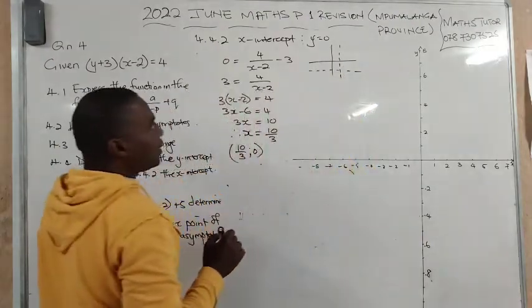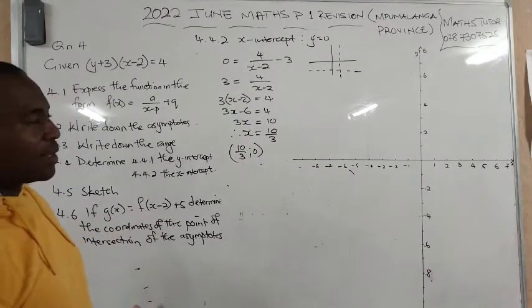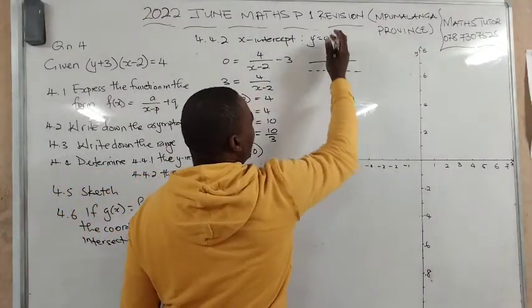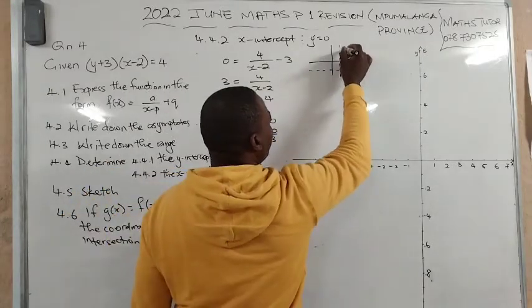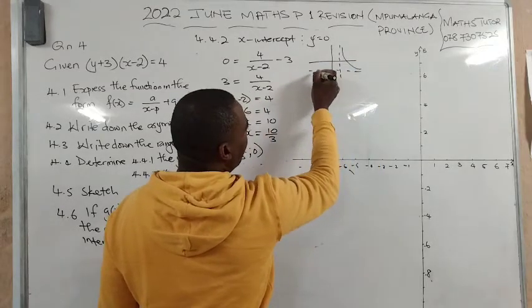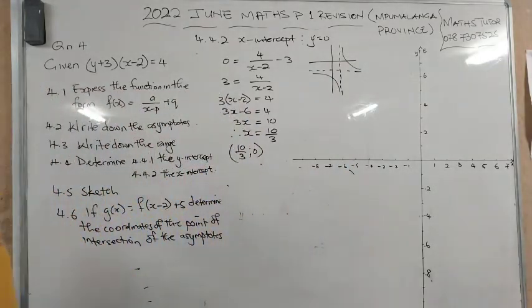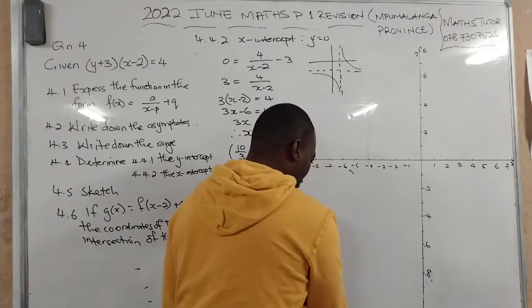And then the 4 tells us that the graph should be in the first quadrant of the asymptotes and the third quadrant. So we're expecting our graph to be like this and like this. So that's what we just need to show now on the graph.